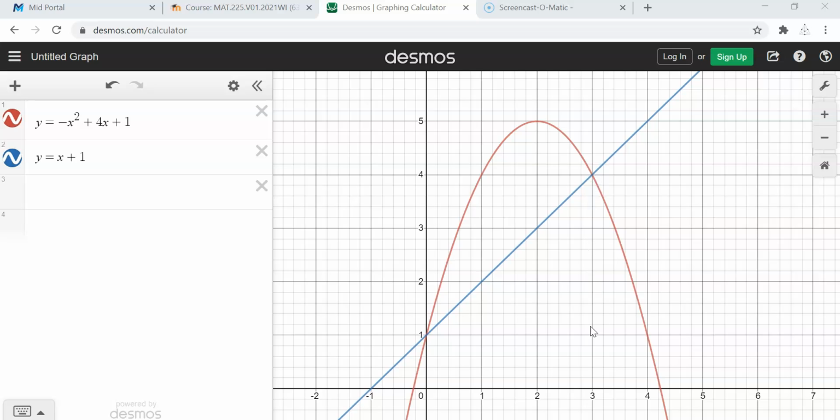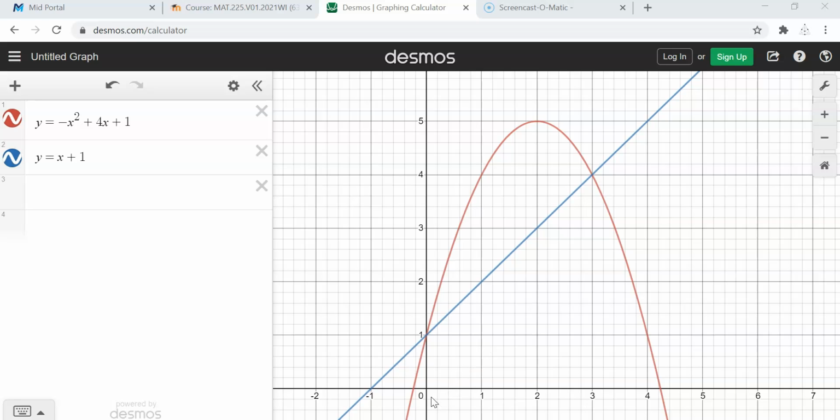If those intersection points are hard to see, you can always use the trace feature on your calculator to figure those intersection points out. But it's pretty easy to see visually right here that the point 0, 1 and the point 3, 4 are our intersection points for this bounded region.